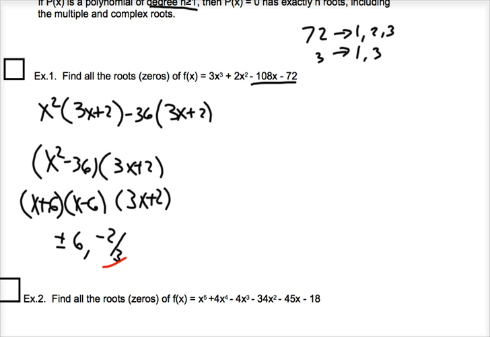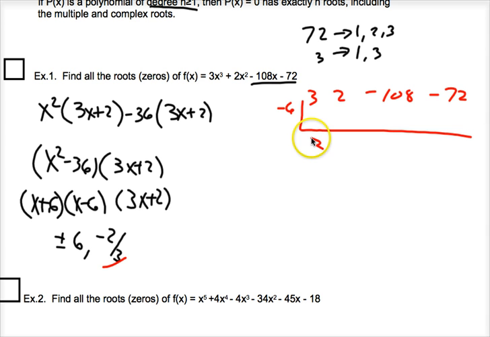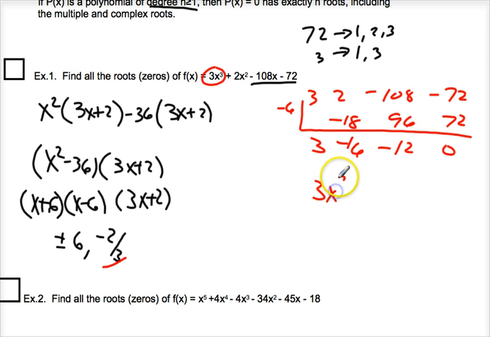But what you can do then is go ahead and use negative 6 and plug it in synthetically. Make sure you get 0 at the end. In this case, I do. And then once you get down to a quadratic, which this is, because I started with x to the 3rd, so this would be 3x squared minus 16x minus 12.